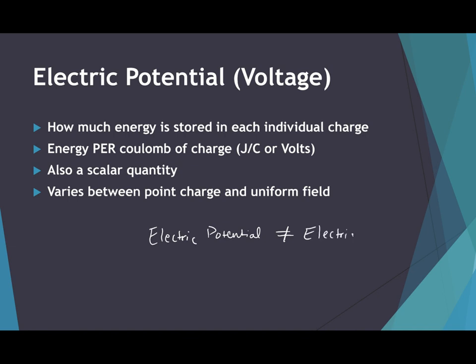Two different things. First off, electric potential energy takes into account two charges. Electric potential is just for one charge. So if we exclude the system, it's how much energy that one particular charge has stored within itself. It's joules per coulomb, energy per unit of charge. This is also a scalar quantity. Direction doesn't matter, but signs do.